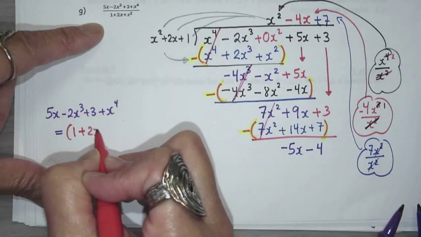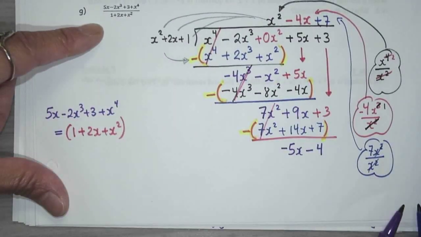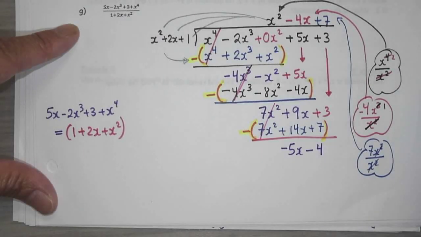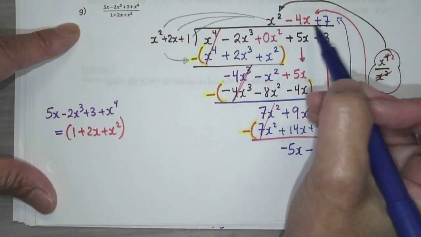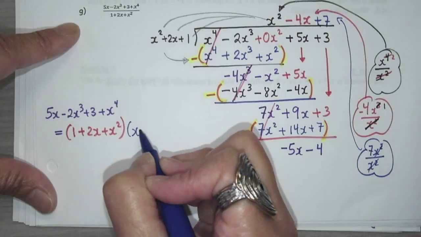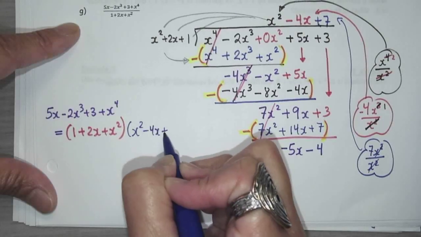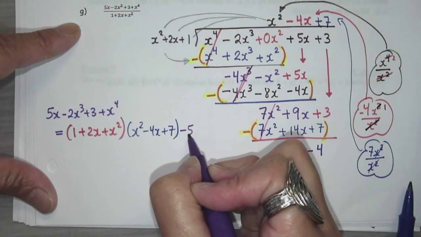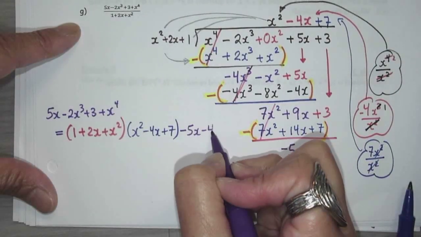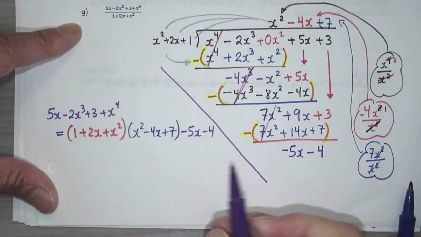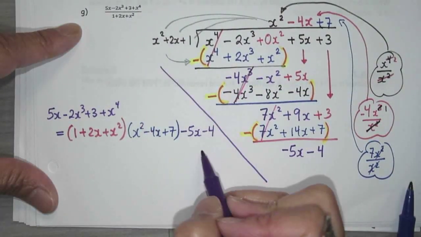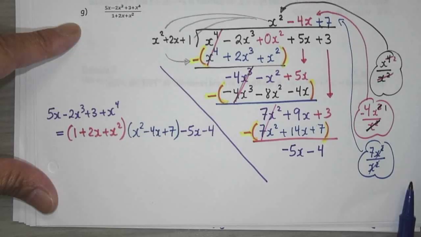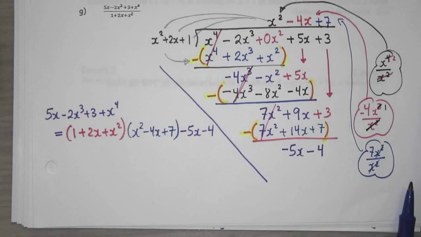So 1 plus 2x plus x squared times the quotient, the one that you found, that's x squared minus 4x plus 7, and then the remainder. So it'll be minus 5x minus 4, or you could say plus bracket negative 5x minus 4. I don't care. Same thing. So that's the multiplication statement.